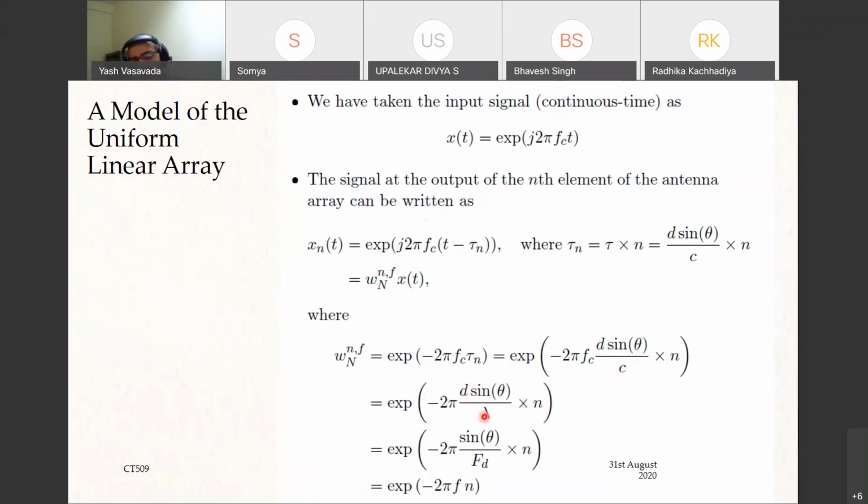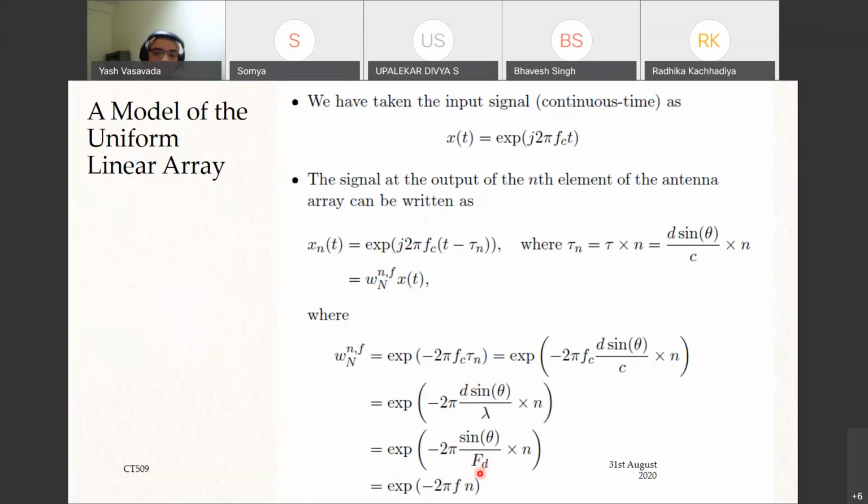D is in meters, lambda is also in meters, and so I can take the ratio, and that ratio will be a unitless scalar, and that scalar is what I'm calling capital F of D. And then I have a ratio of sine theta divided by f of d, and that is what I'm calling small f.